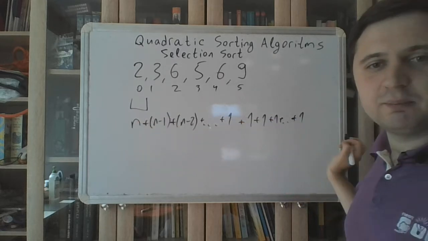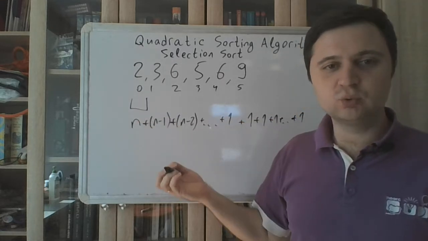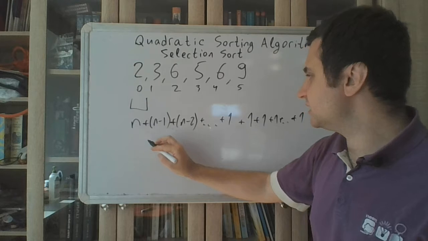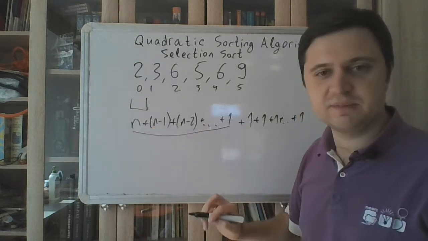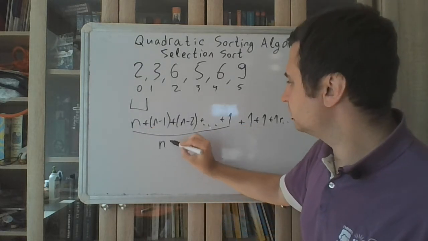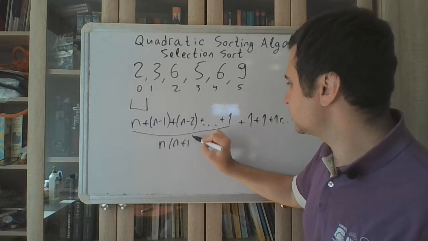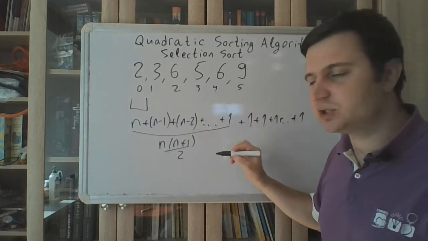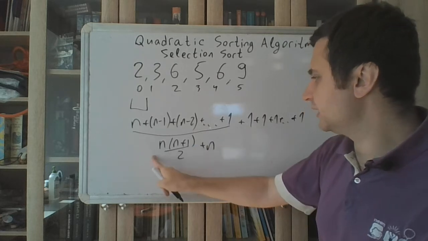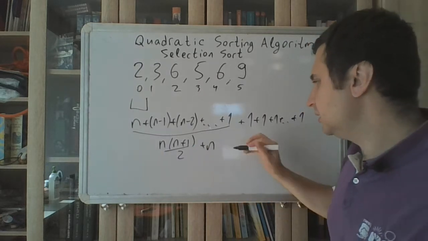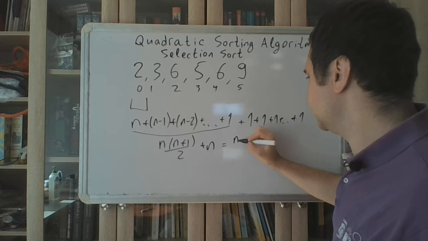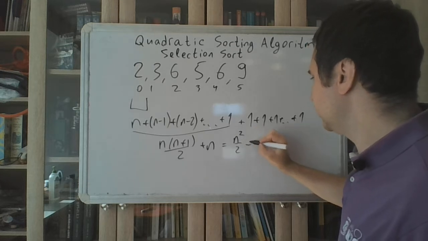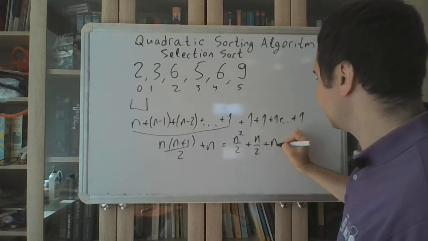This is the number of operations we do in selection sort. And this is the sum of an arithmetic progression, which is n times n plus 1 over 2, and this is n swaps that we do in our algorithm. So the working time is like this. And I can expand it: n squared over 2 plus n over 2 plus n.